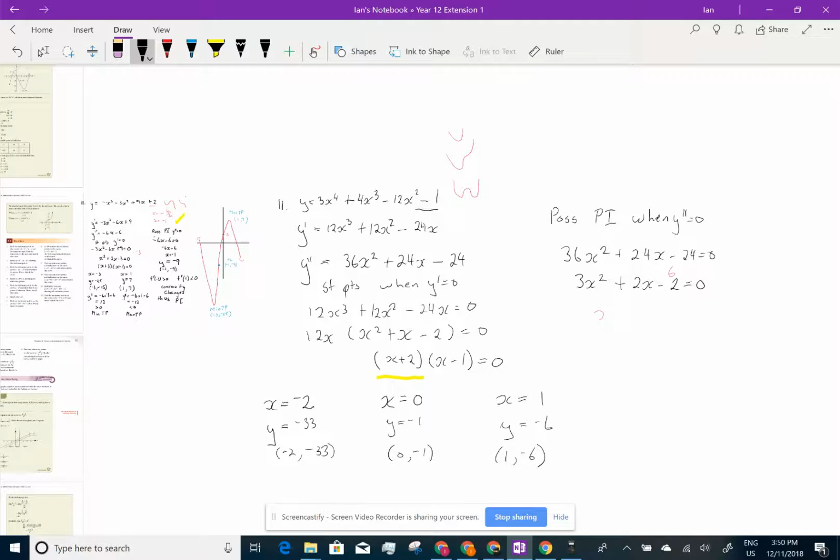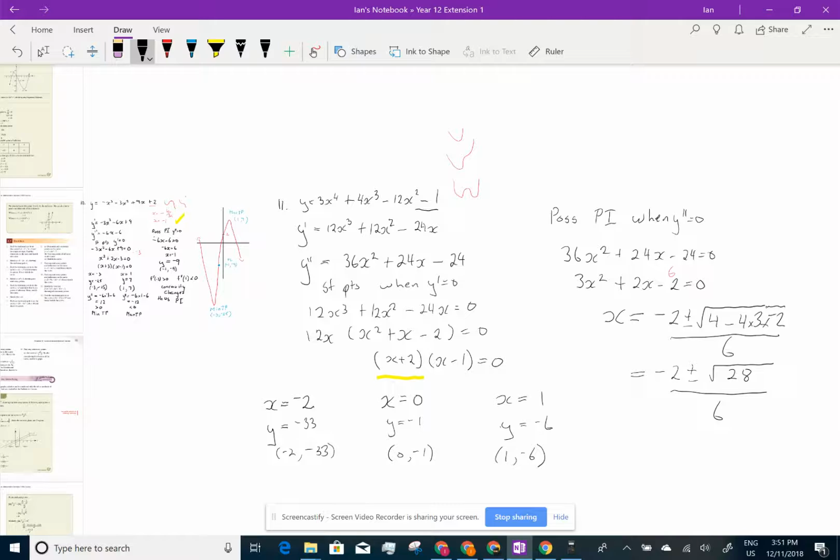Well, okay, let's see if we can do this really quickly. I'm not going to be able to find the y values because this is going to get very ugly, because I'm going to need the quadratic formula here. So x equals minus 2 plus or minus the square root of b squared, 4 minus 4 times 3 times negative 2, all over 6. So it's minus 2 plus or minus the square root of 4 plus 24, which is root 28, all over 6.